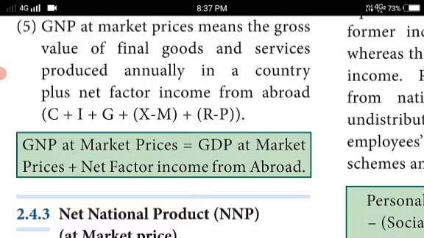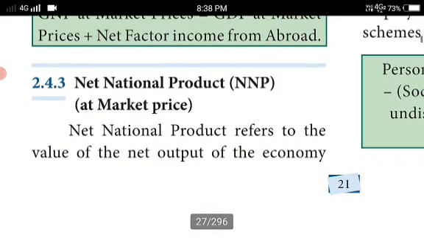Then Net National Product, NNP at market prices. Net national product refers to the value of the net output of the economy during the year, calculated for the overall economy in a year. The NNP is obtained by deducting the value of depreciation or replacement allowances of the capital assets from GNP.